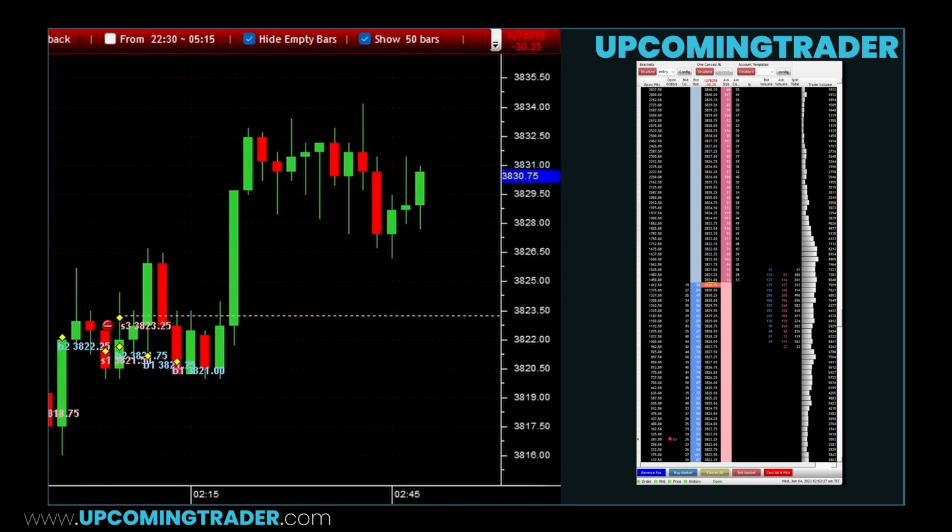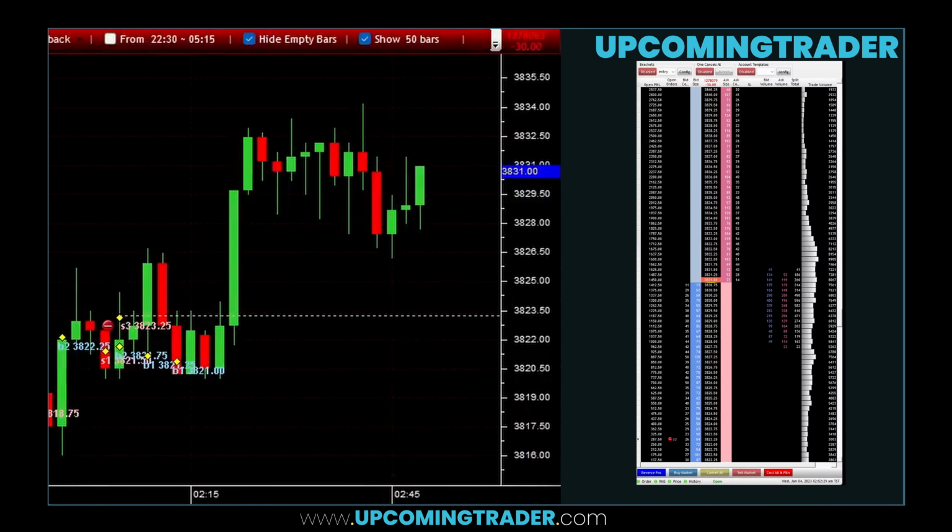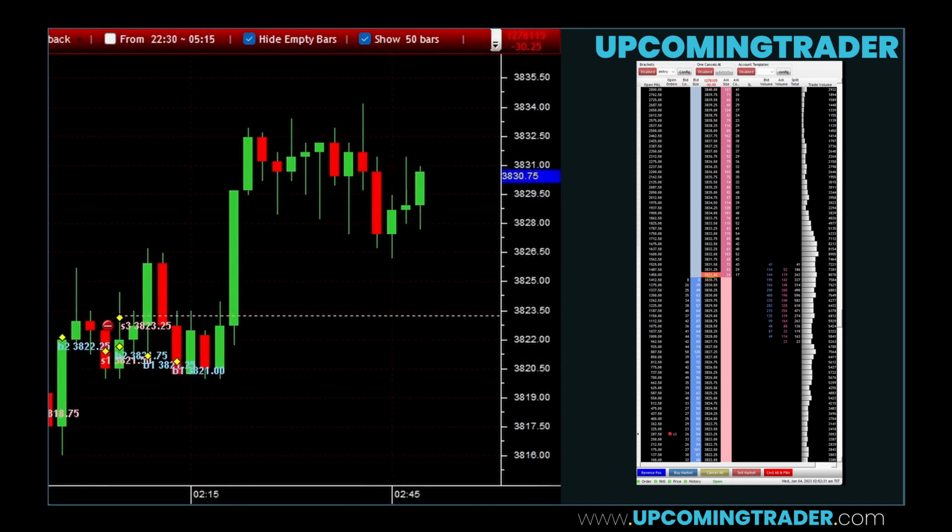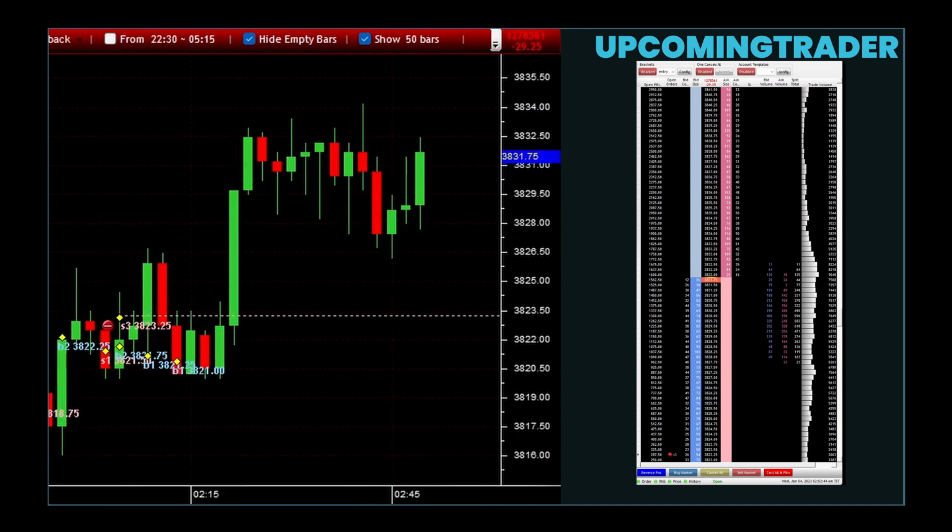The next thing you need to do is confirm the pattern using volume. Volume is how many people are buying or selling that stock at a given time. It is a really important part of confirming a chart pattern. If there is not enough volume, the pattern may not be reliable.